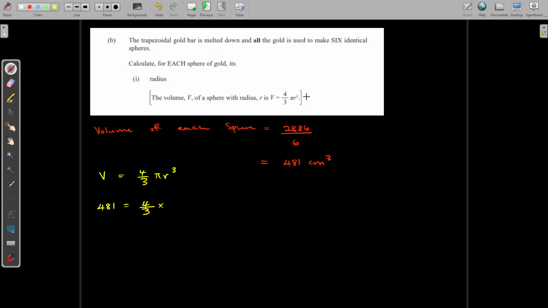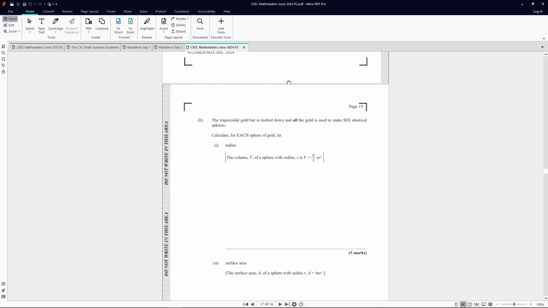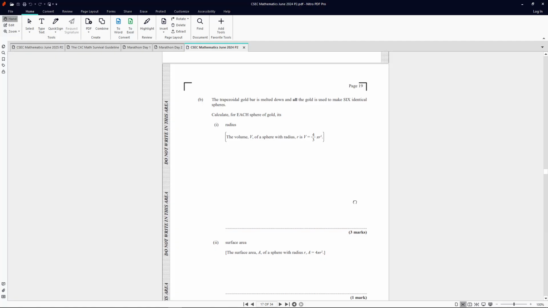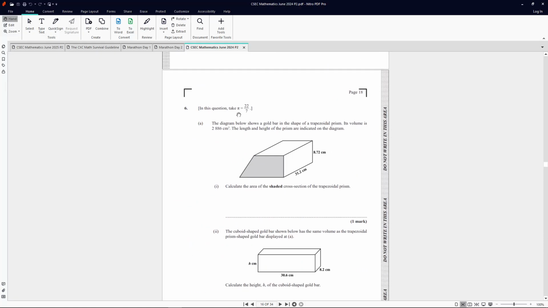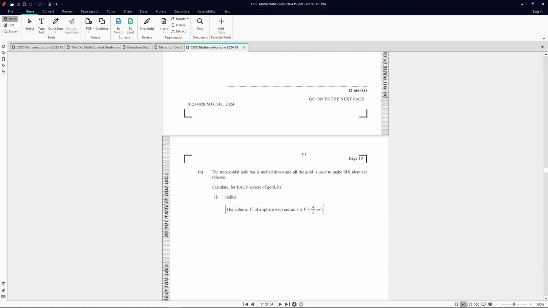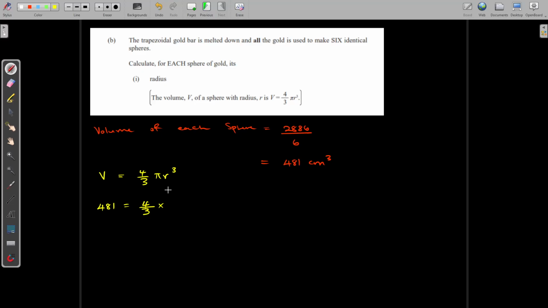They told us to use pi as 22 over 7, up top. So pi is 22 over 7, and the radius we don't know.